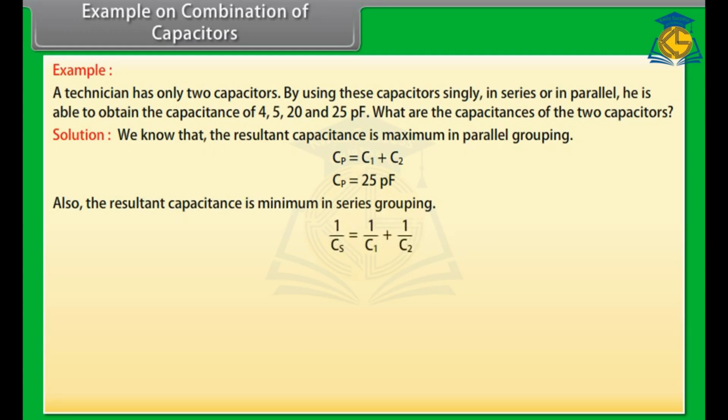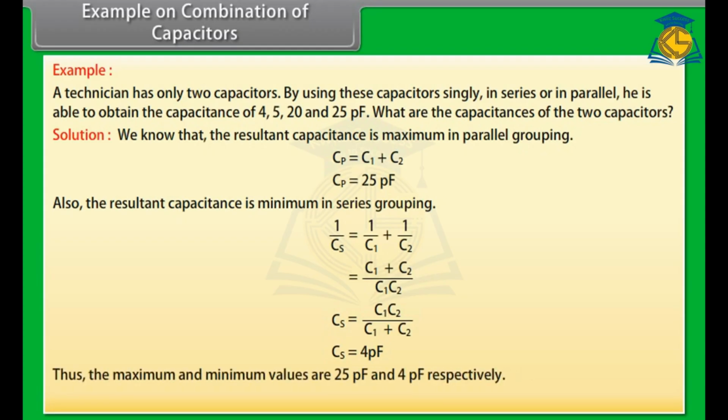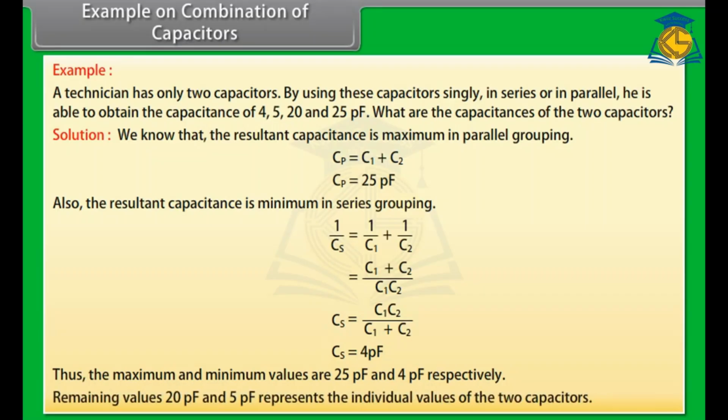Reciprocal of Cs is equal to 1 upon C1 plus 1 upon C2, or Cs is equal to 4 picofarad. Thus, the maximum and minimum values are 25 picofarad and 4 picofarad respectively. Remaining values 20 picofarad and 5 picofarad represent the individual values of the two capacitors.